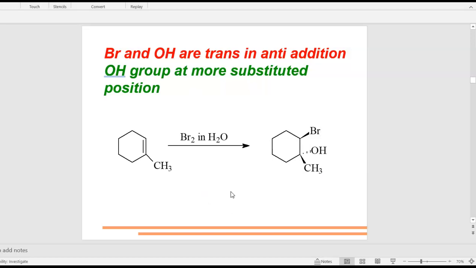There are two things you have to consider in this reaction: the stereochemistry is anti, that means the Br and OH which are added are anti to each other. At the same time, you have to take into consideration that the OH, which comes from the water molecule, is always attached to the carbon atom which is more substituted. So keep in mind when you write down the products that OH is attached to the more substituted carbon, and OH and Br are always trans to each other.